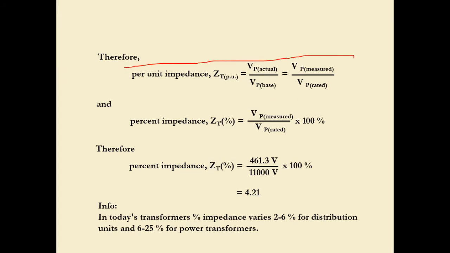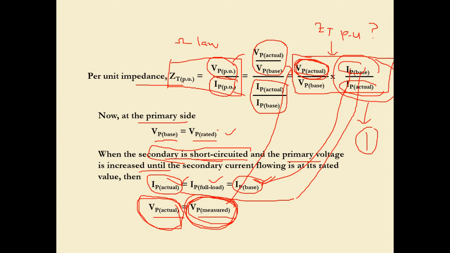So after we simplified the derivation, the ZTPU, the transformer impedance in per unit, is equal to VP actual over VP base, and we know that VP actual is equal to VP measured over VP rated. In this example, this VP base is equal to VP rated.